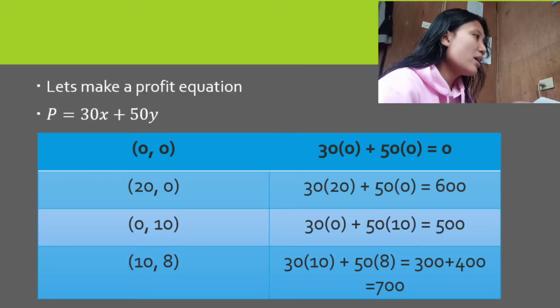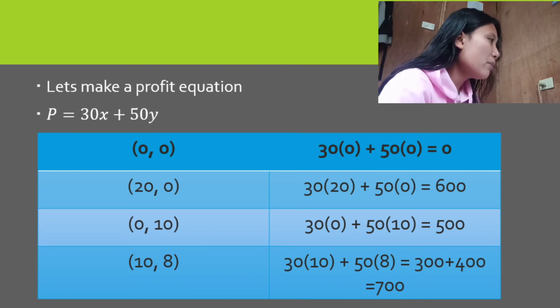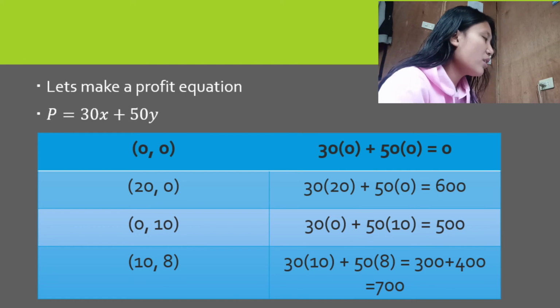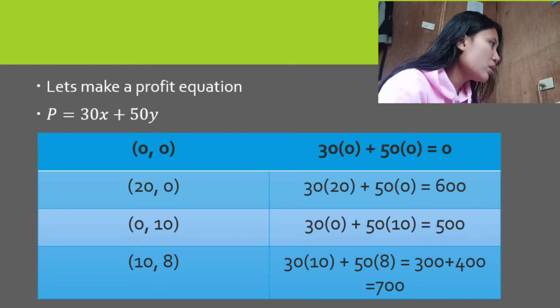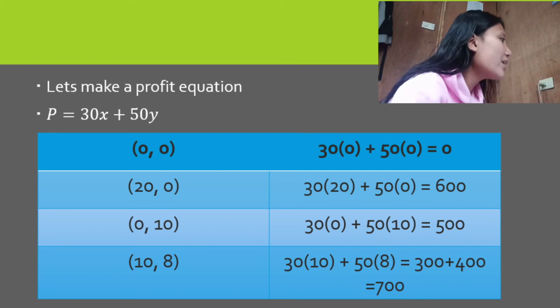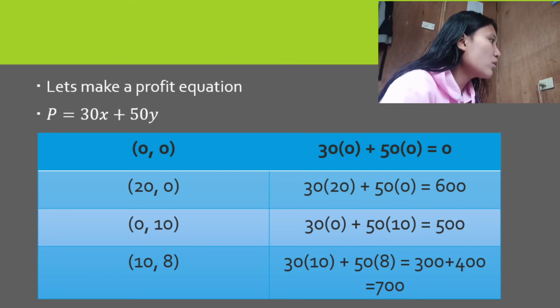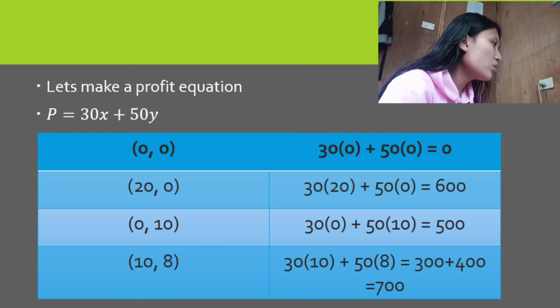Next, let's make a profit equation. The profit that the company makes is P is equal to 30x plus 50y. The profit at the origin, 0 and 0: let's substitute the value of x, which is 0, and the value of y, which is 0. So the total is 0. Next is 20 and 0. Let's substitute again. The result is 600.